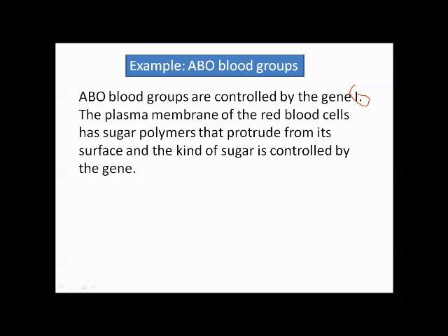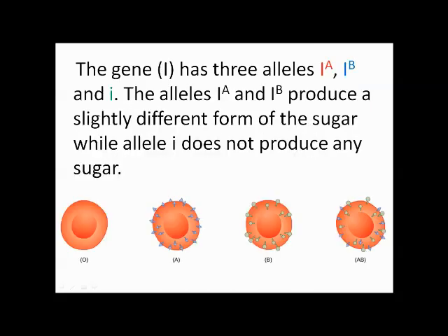The plasma membrane of RBCs has sugar polymers that protrude from its surface, and the kind of sugar is controlled by this gene I. These are the four different blood groups that are due to the differences in the gene I. There are the alleles IA, IB, and small i. These three alleles control the formation of the blood group in a particular human.